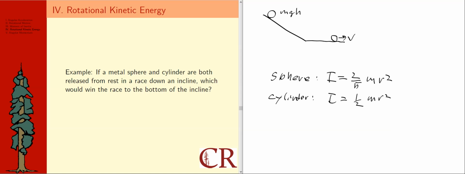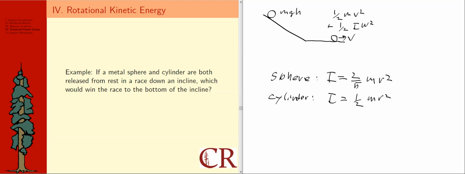And when either of those two objects is down here in the final state and rolling, the kinds of energies that it has there is ordinary kinetic energy, 1/2 mv squared, but they also have rotational kinetic energy, 1/2 I omega squared.